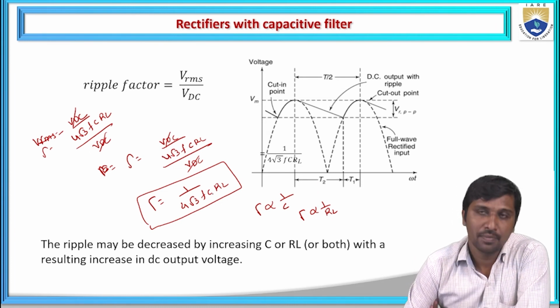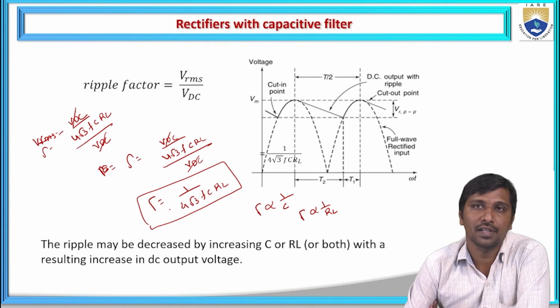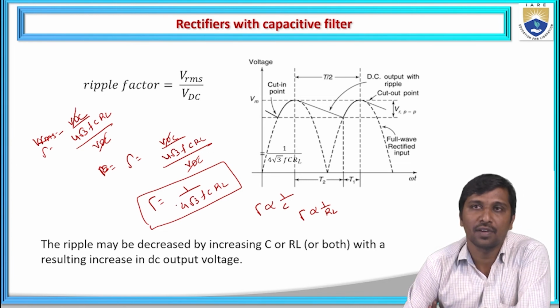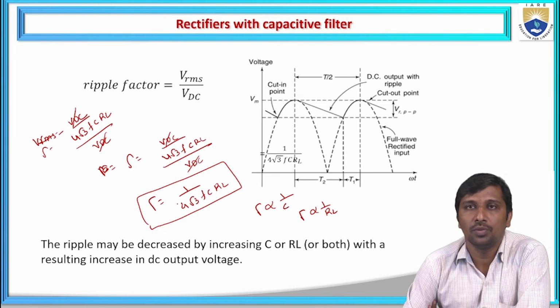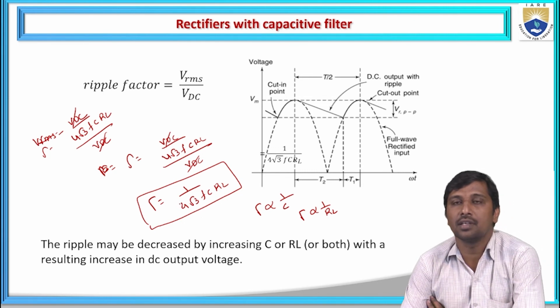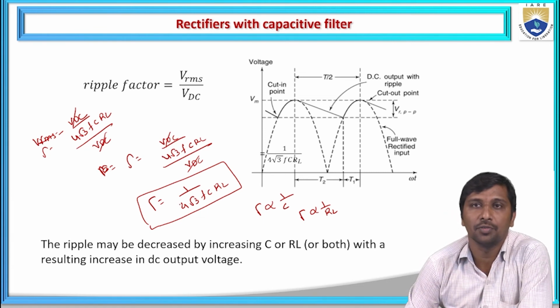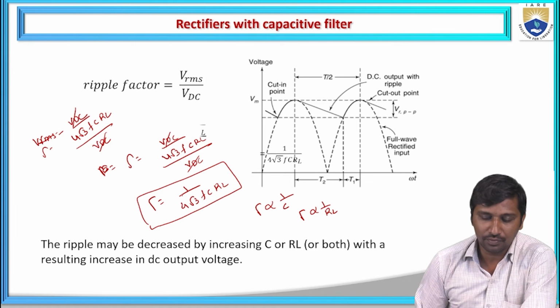If you maintain C very large, the ripple factor is reduced. Or you can maintain the load resistance very large, which also reduces the ripple factor. So to reduce the amount of ripples from the rectifier output, either the capacitance or the load resistance should be very large. Based on that, we can reduce more of the AC components or ripples from the rectifier output by using this capacitive filter.